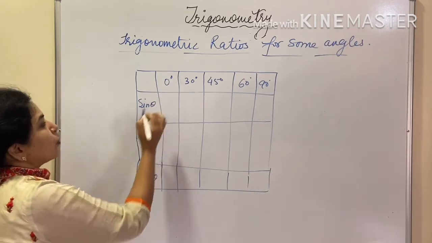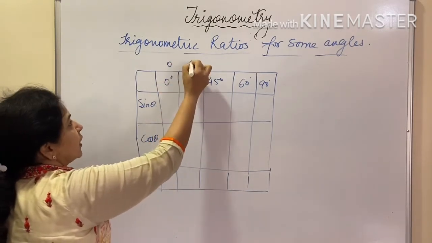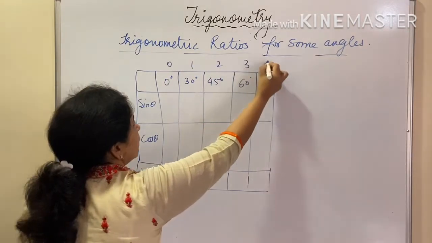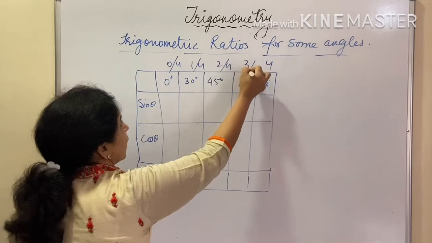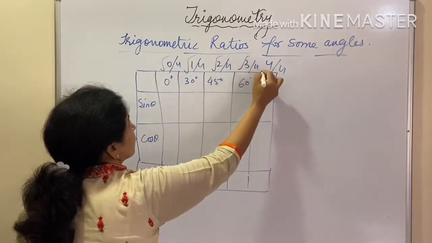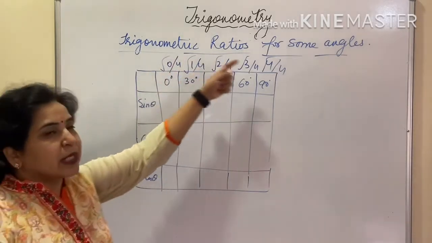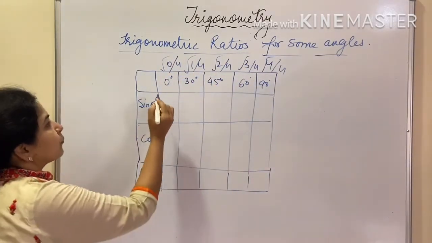Okay. Now the trick is write 0, 1, 2, 3, 4. Divide all by 4. Now take the square root of all, and the values which you are getting, write on the first column, for sin theta.